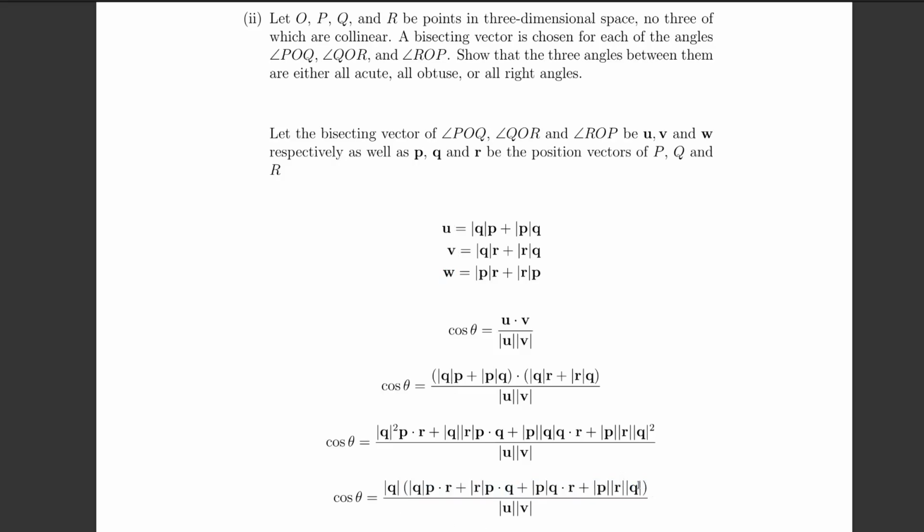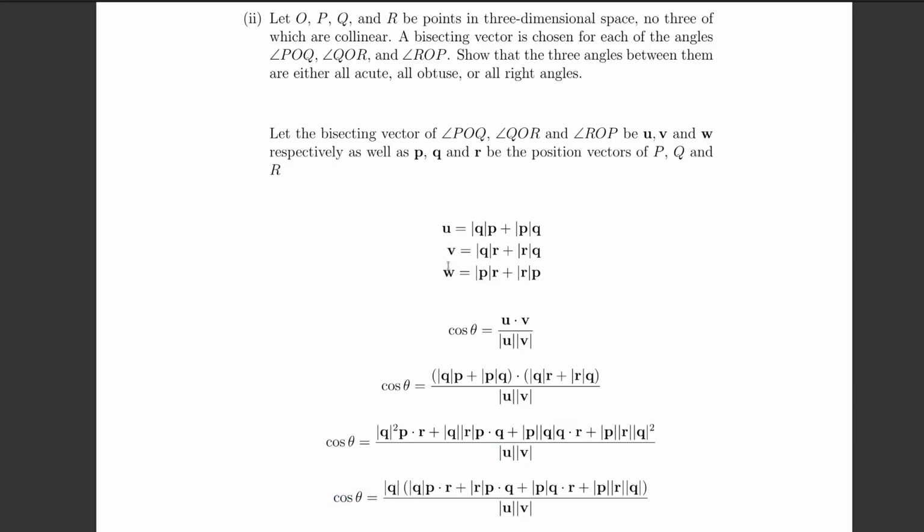Because this term is symmetrical, we can basically swap Q with P, P with R, or swap any combination of these, right? And this will always stay the same. So the angle between this vector and this vector will have this term.